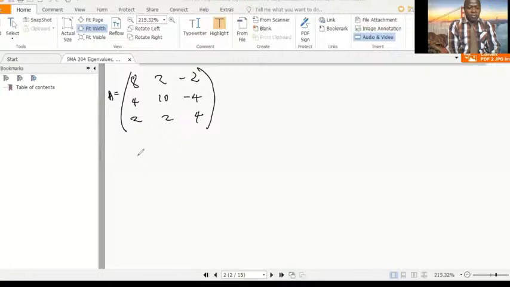Now take the last result. Let me call these ones product 4, product 5, and then product 6. And this other one was product 1, product 3. Subtract this last sum from the first sum.